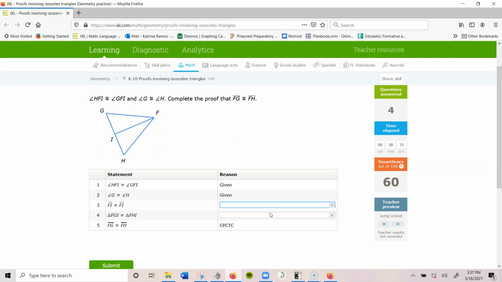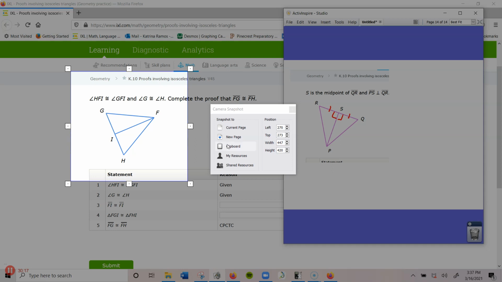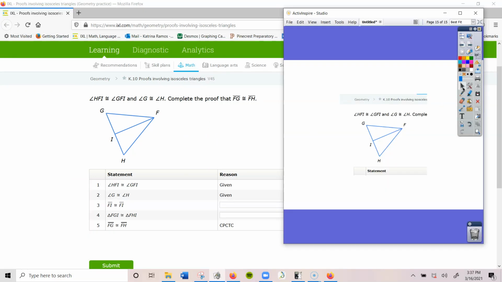Okay, let's get this diagram as well. We have here that angle HFI is congruent to GFI. So HFI is congruent to GFI. Okay.